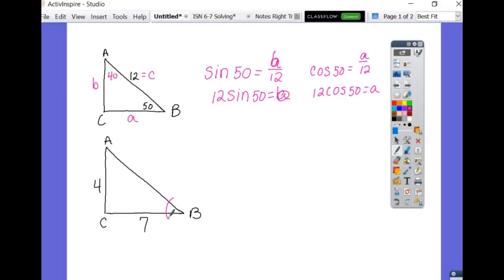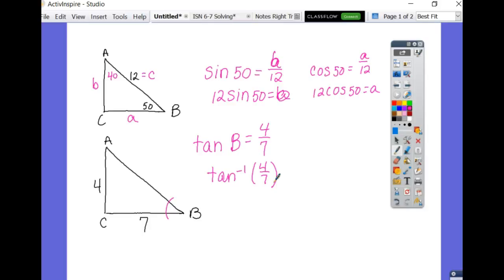And what is this side? What is opposite over adjacent? Tangent. I have the tangent of B equals 4 over 7. So this is where you have to use the inverse button to find the answer. So I'm going to do the inverse tan of 4 over 7, and that's going to give you your angle.